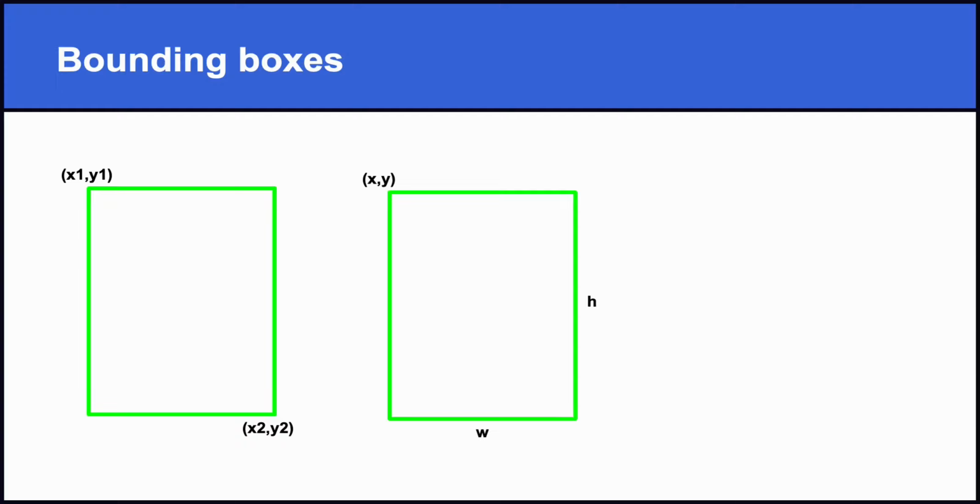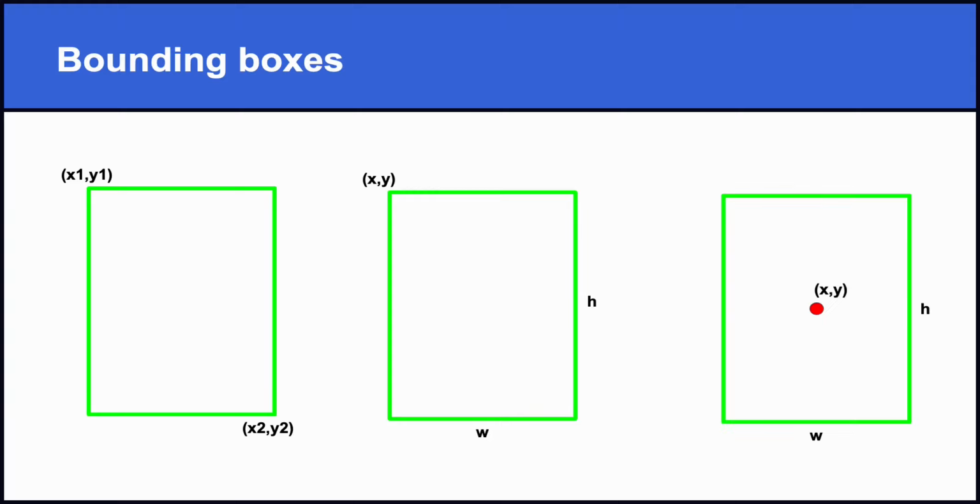The second representation is to take one of the corners, for example the top left one, and add as information the height and the width. The last representation is to take the coordinates of the center of the box, x, y, and add as information the height and the width.